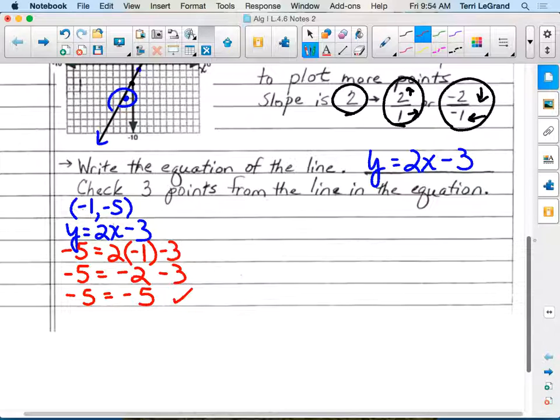Okay. What's another ordered pair we can check out? What's the next one going up? What's this one's name? 0, negative 3. Let's substitute it in and make sure it checks out.